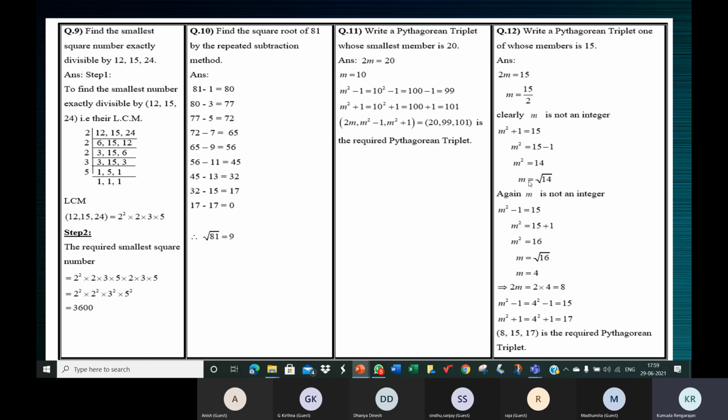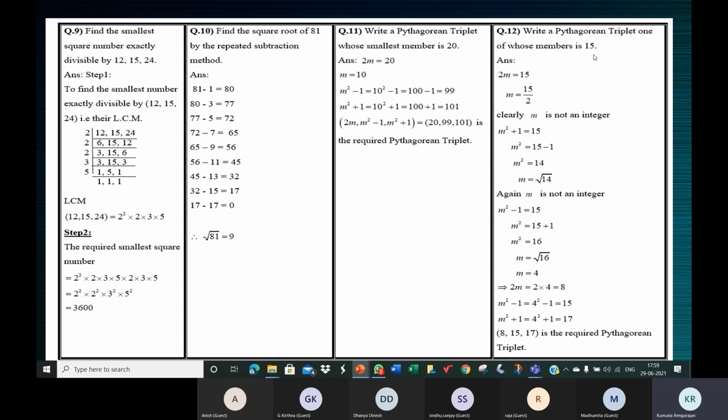Supposing when you worked m square plus 1, you got an integer answer, you could proceed with that. Supposing this was 18, 2m is equal to 18, m is equal to 18 by 2, 9. Fine, you can go ahead with that. So when the smallest member is 20, you should equate it to 2m.